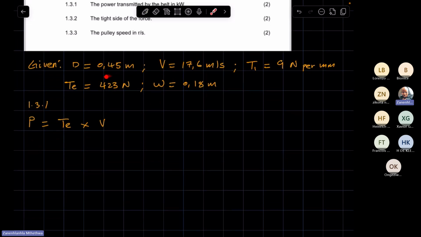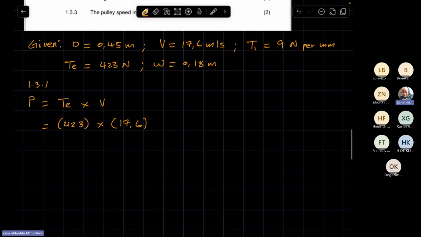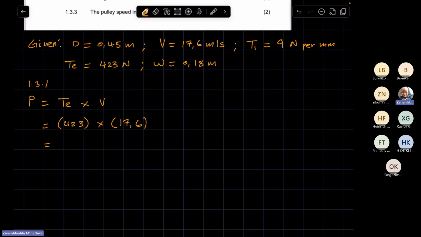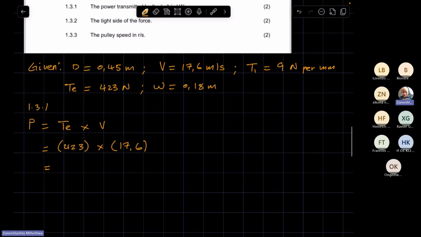We've been given the effective tension. We've also been given the belt speed. So this is going to be a matter of just substituting. This is 423 times V, which is 17,6. I don't have a calculator here with me, so just calculate what this is equal to.